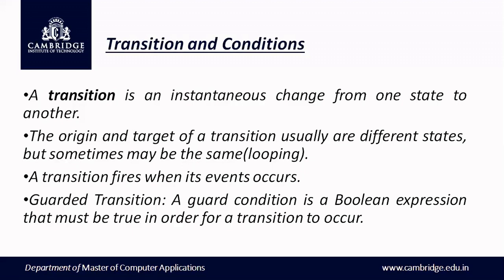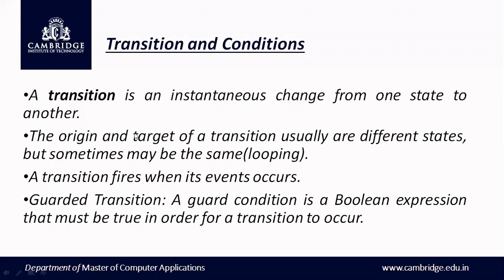The transition can be between different states, or it may be for the same state, where the origin and the target state are the same state, in the form of a loop. In the looping state, only one state is involved, and it keeps transiting into the same state until another event occurs, and the change in the event creates the change in the transition, right?